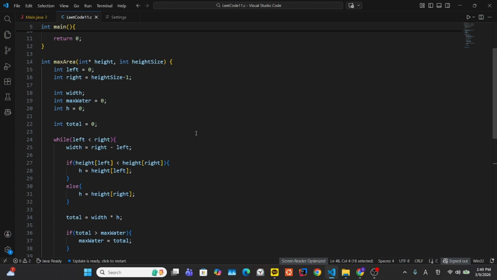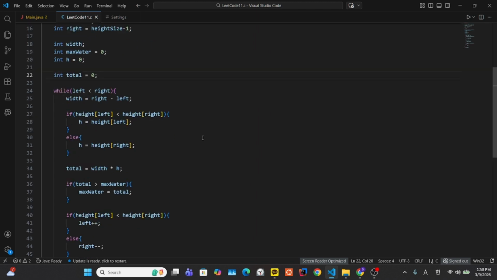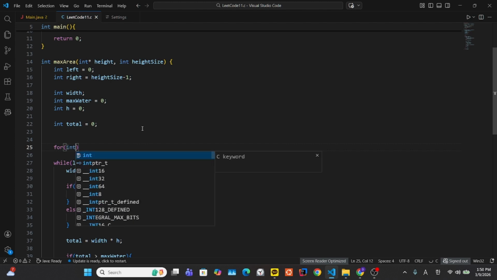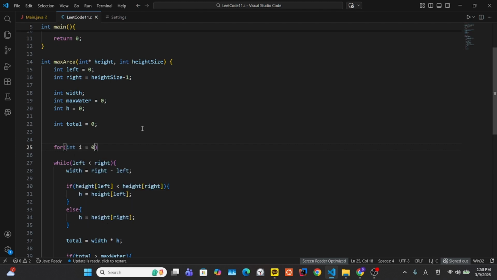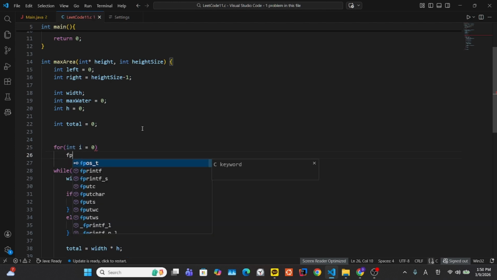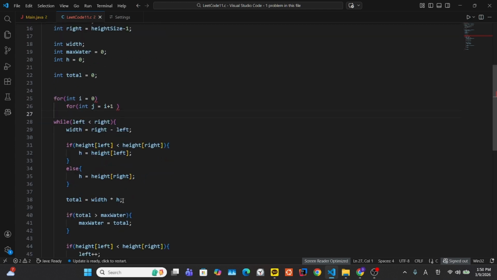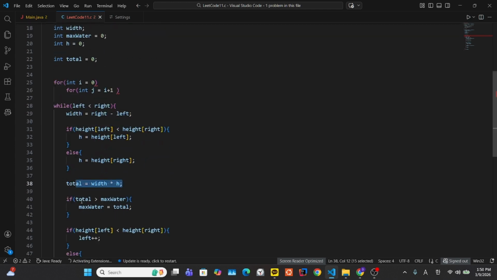But we can't do 2 for loops here, because say we have a for loop looking like this. I'm not going to write the full code, but we're gonna write for int j equals i plus 1, and loop the whole thing, and as we did before, if the total is bigger than max water, we get that max water, right?